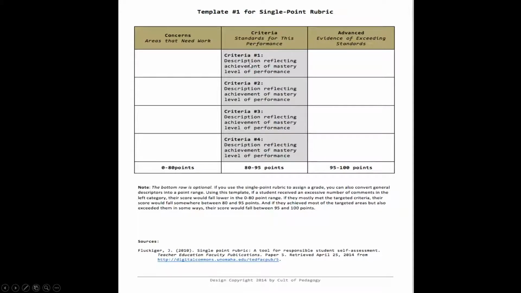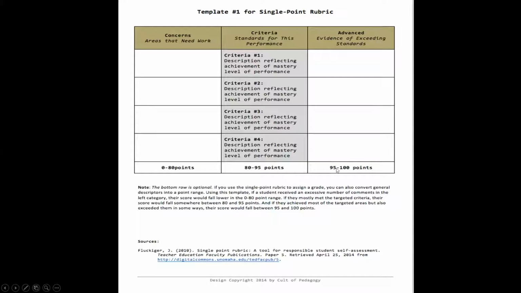So basically, you are saying that this is the standard that you want, but this person is able to not only do this, but also able to show whatever. So by writing in this column, you are providing clearer evidence of why you think this person should deserve more marks than 95.